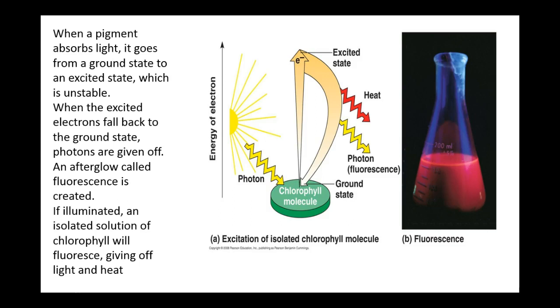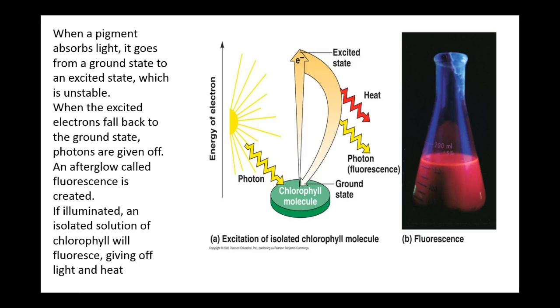In terms of light, when a pigment absorbs light, it goes from a stable, ground state to an excited state, which is highly unstable. That instability is then used to drive a reaction.